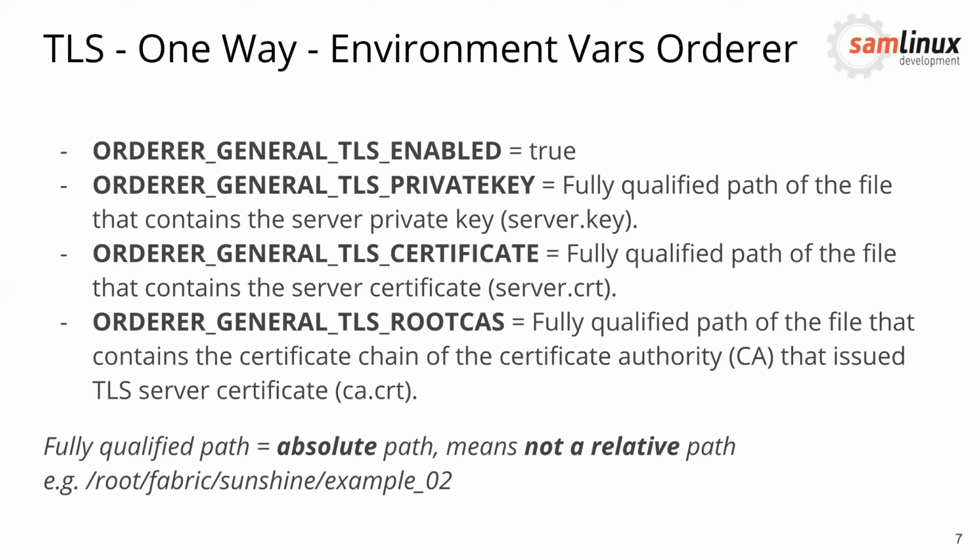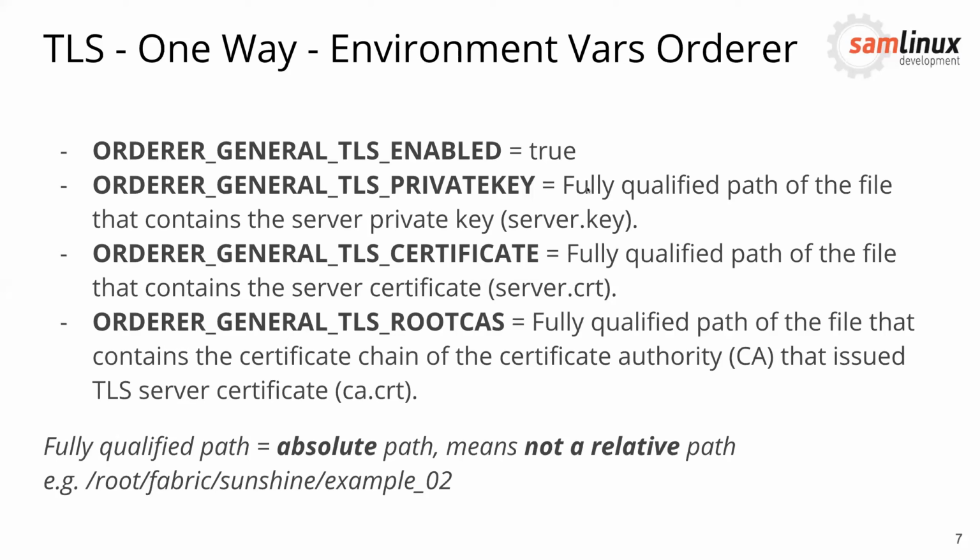So these variables are different between orderer and the peer. And I think when you set true, then TLS is enabled. And when you set this to false, or this variable is not set, then TLS is not enabled by the orderer. And then we have to set 3 environment variables.